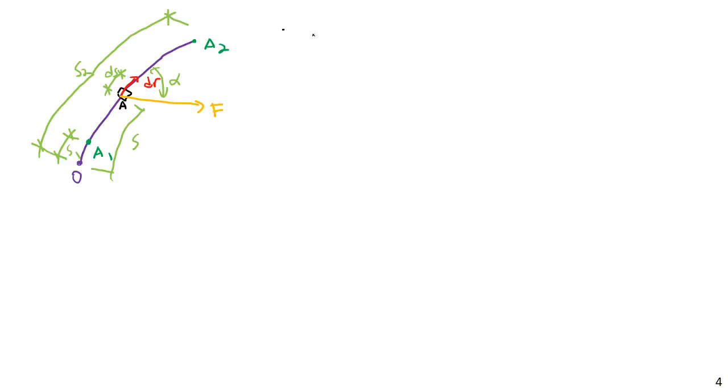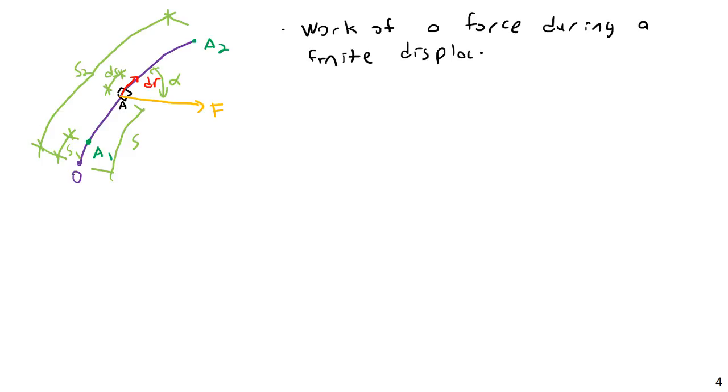Okay, so if I wanted to develop this, I could say that the work of a force during a finite displacement, so we're looking at the U from 1 to 2, well, this would be the integral from A1 to A2 of F dot dr.